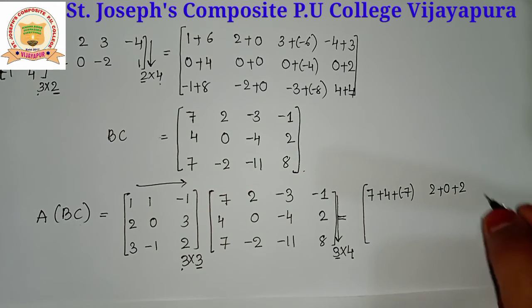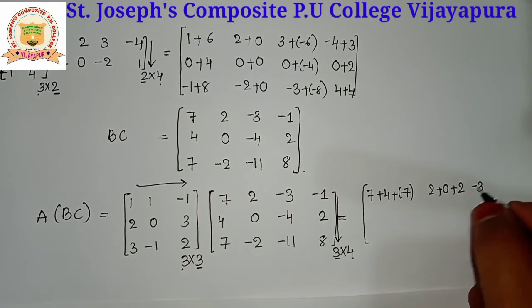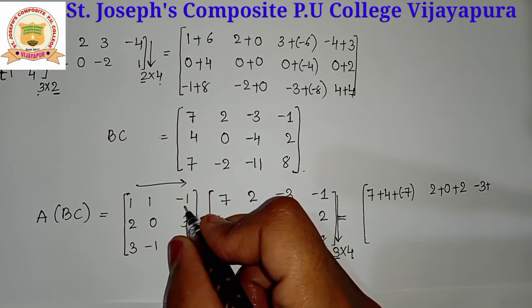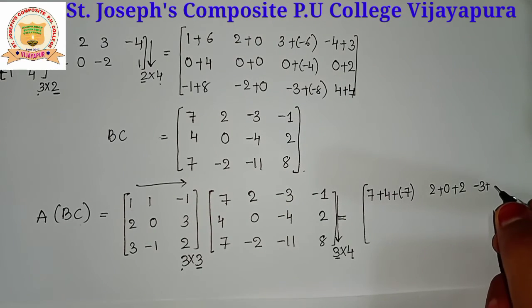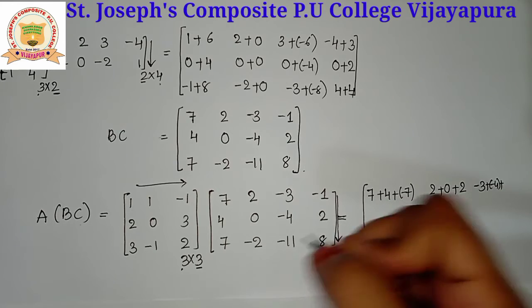Our next element will be A13. So 1 into minus 3 is minus 3, plus 1 into minus 4 is minus 4, plus minus 1 into minus 11 is plus 11.